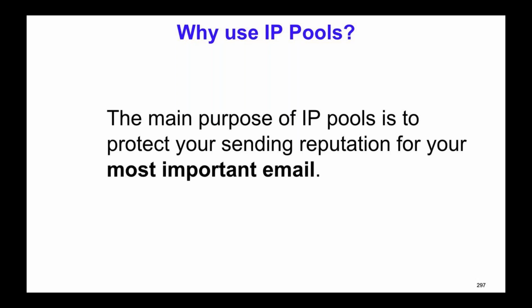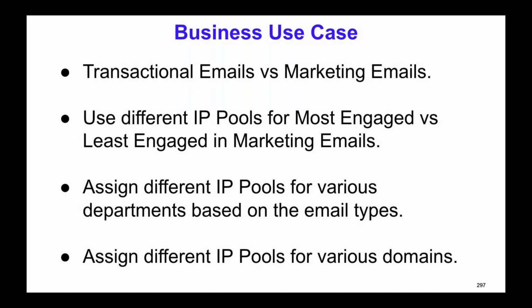Okay. Let's look at a few business use cases. The first thing that comes to my mind is transactional emails versus marketing emails. Transactional emails are examples such as invoices, shipping notifications, outage information, product updates.